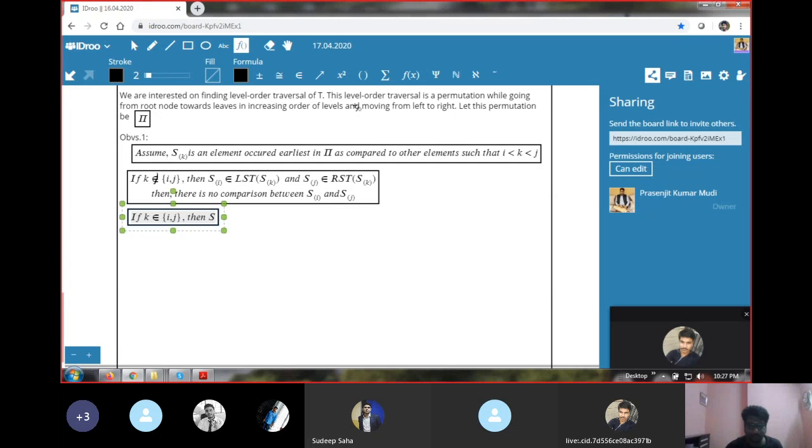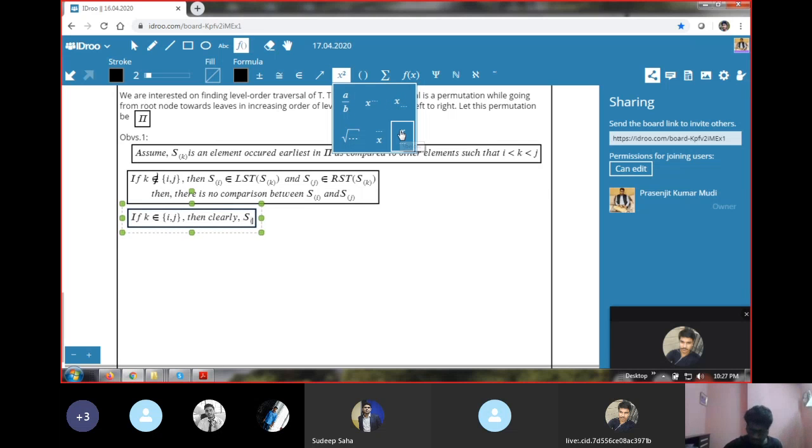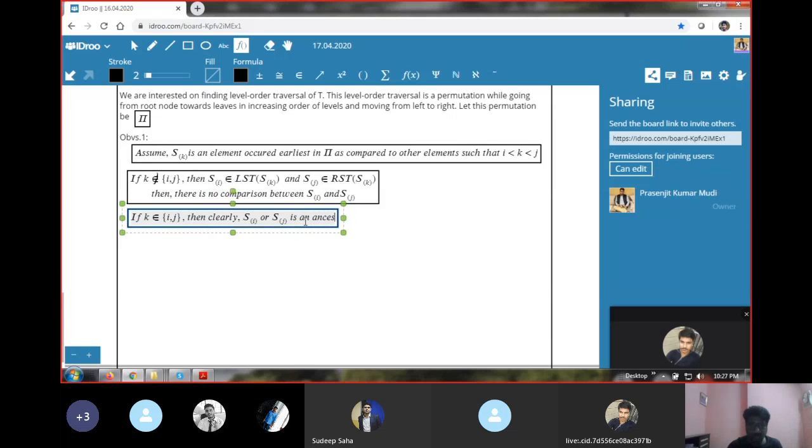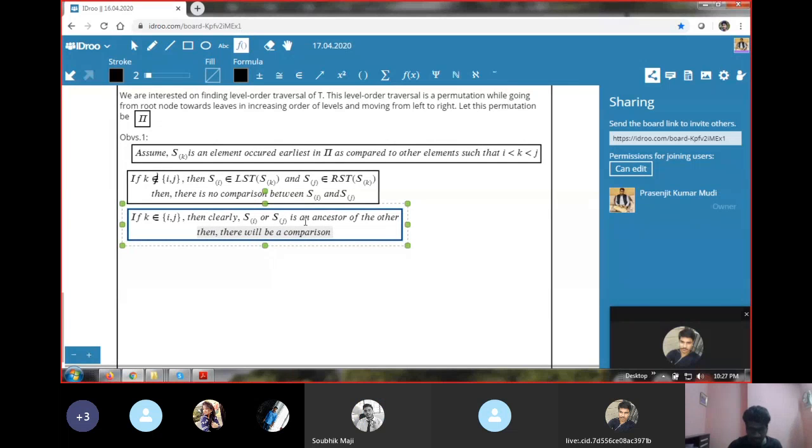So clearly, sj, star, of, hence then there will be a comparison between si and sj.